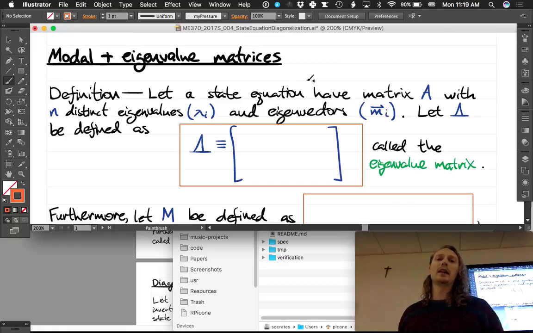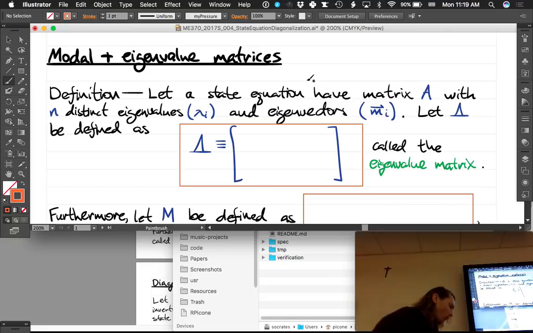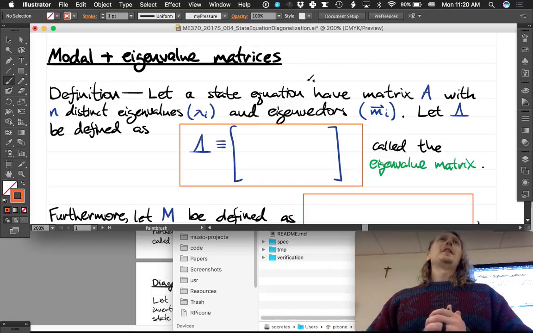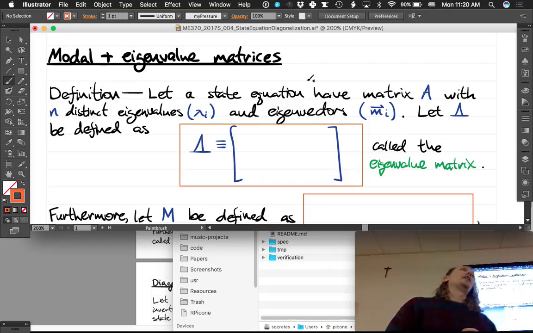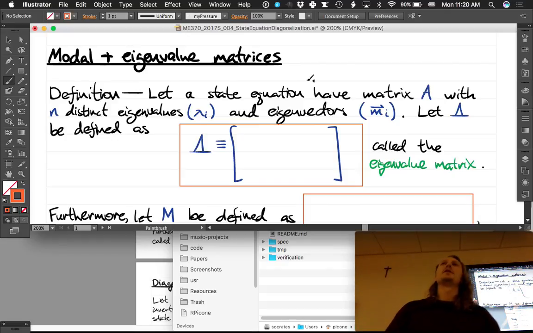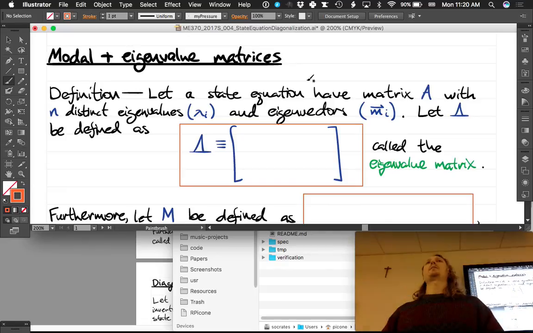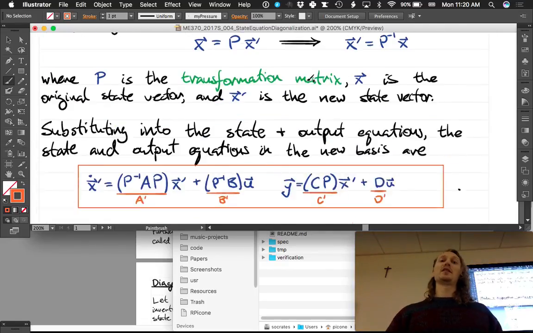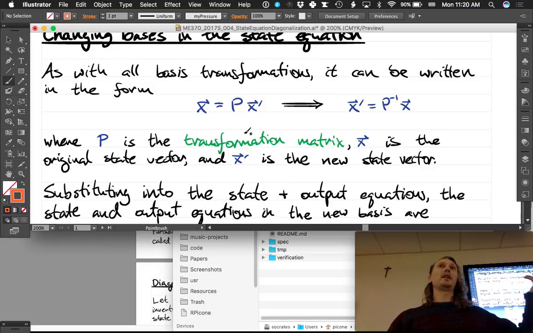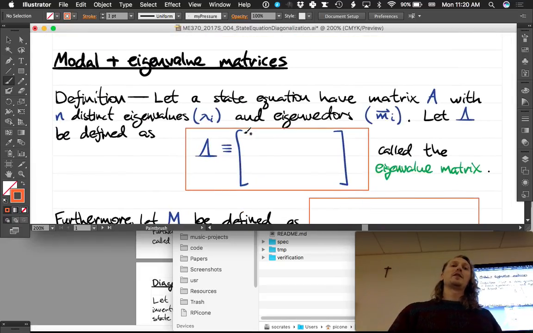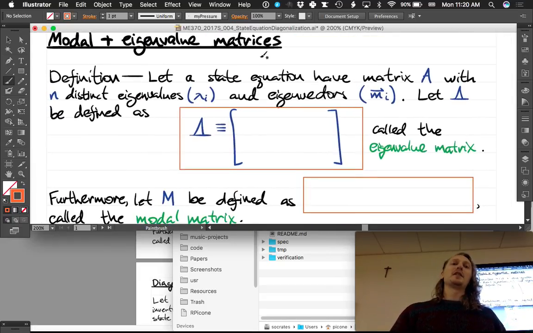So, modal and eigenvalue matrices. Guess what? We're going to use the eigenvector problem to construct our transformation matrix. Okay, so I just said this is for any transformation P. Now we're going to define some matrices that are going to help us choose a very specific P that we want.